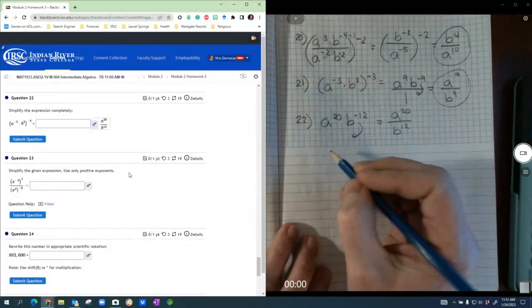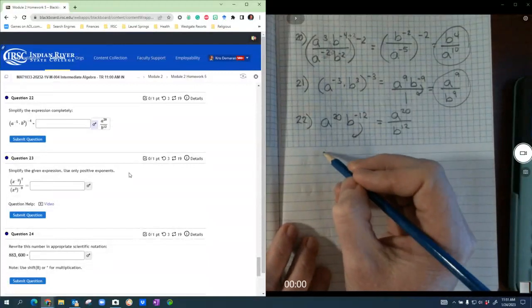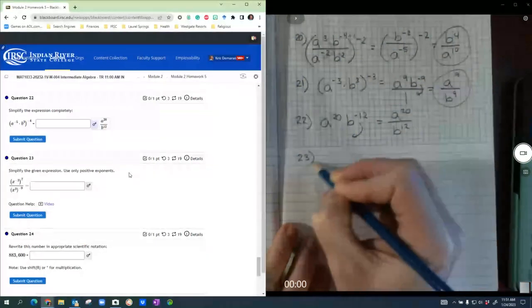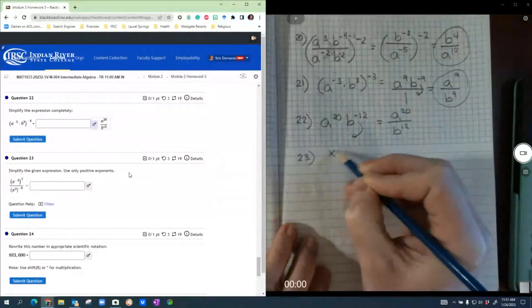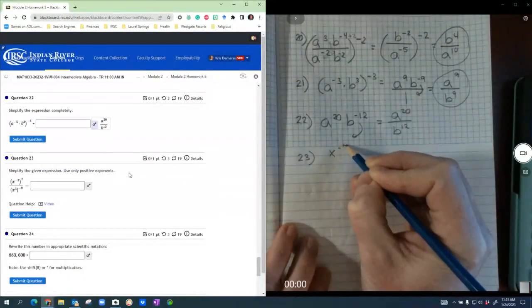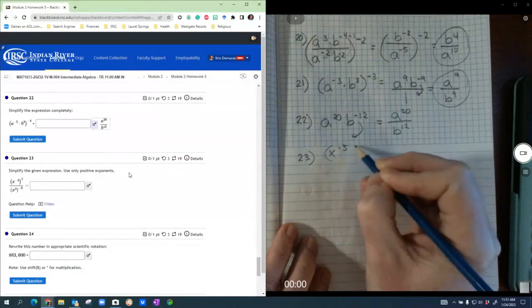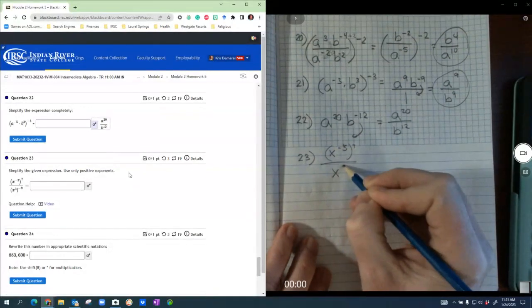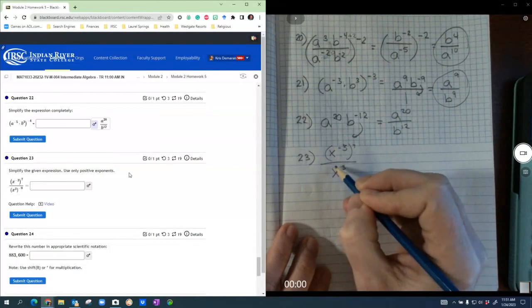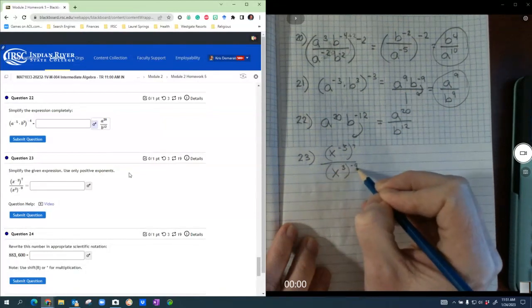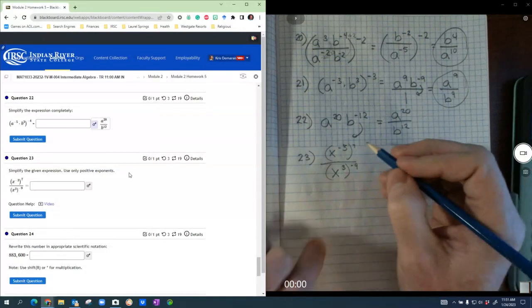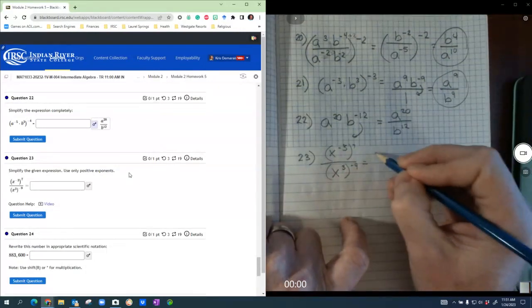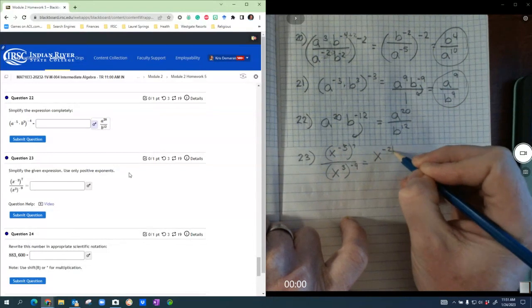Now, I have this. Let's go ahead and write it down. All right. Now, negative times a positive is negative, so I'm going to get negative 21.